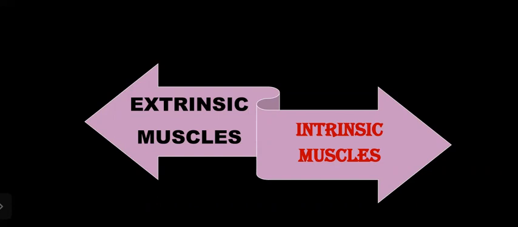And the intrinsic muscle, which we say is the true back muscle, what does this signify? It signifies that its function is to produce movement of the vertebral column, so therefore it is more specific. So we have classified the muscles into three broad categories, that is superficial, intermediate and deep.